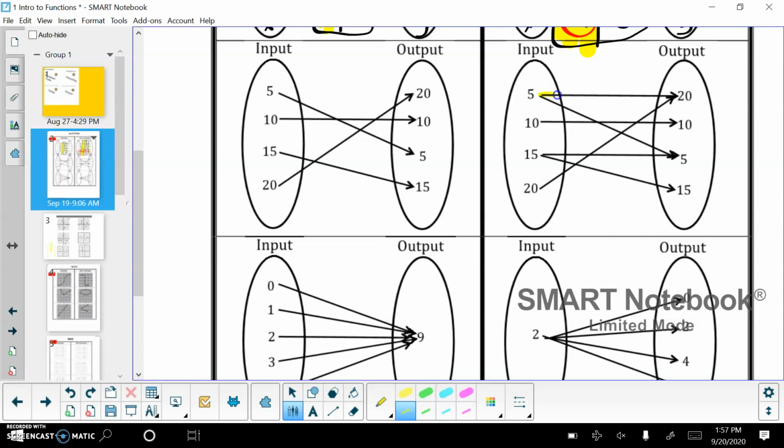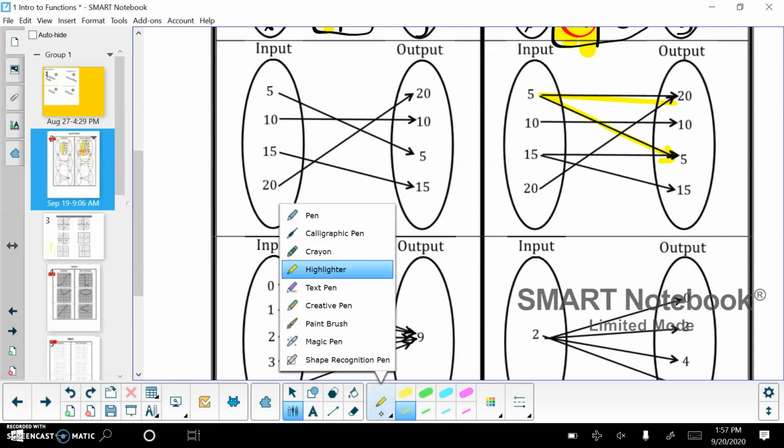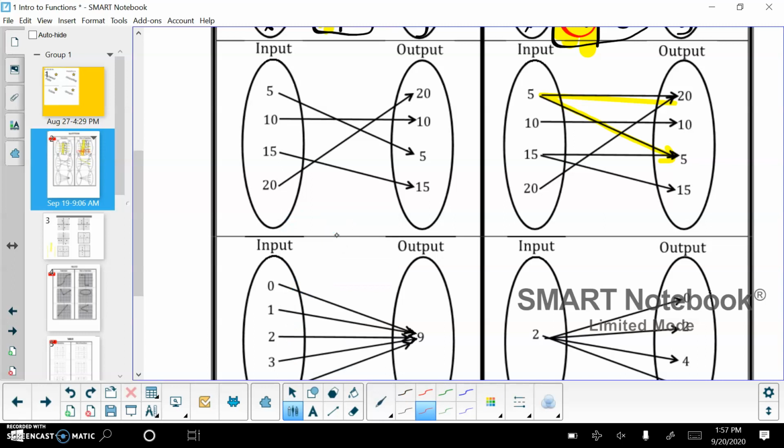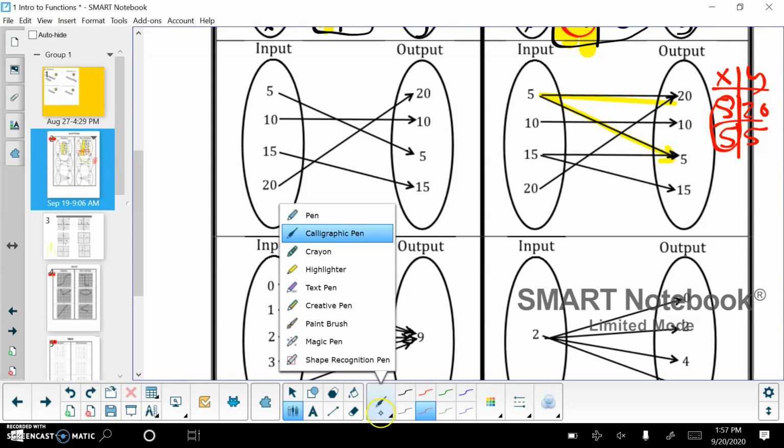So here I've got an arrow coming out of the 5 going to the 20, and here I've also got a 5 going to the 5. If I wanted to do a little table version of just those numbers, then I've got the 5 going to the 20, and I've got the 5 going to the 5, and we can see that the 5s repeat. But I also have another repeater on this one.